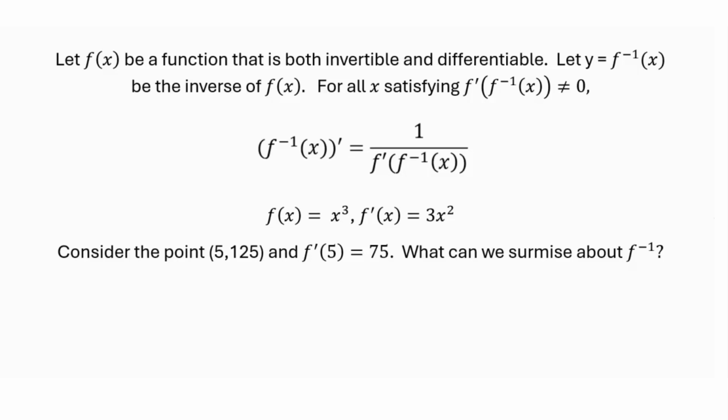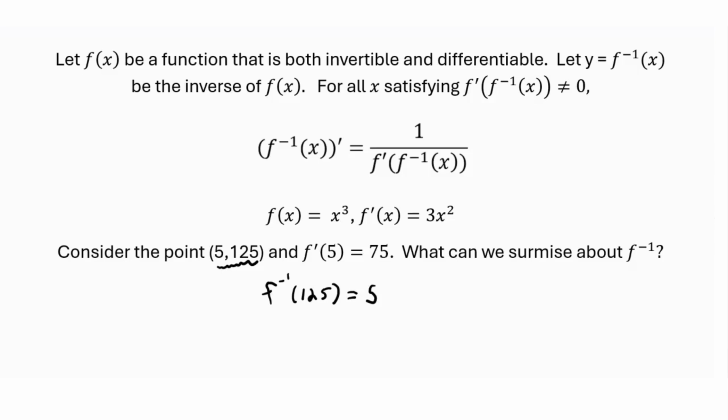Let's look at the point (5, 125). We know that f prime of 5 would equal 75 if we plugged 5 into the derivative. We know that f inverse of 125 has to work back to 5.